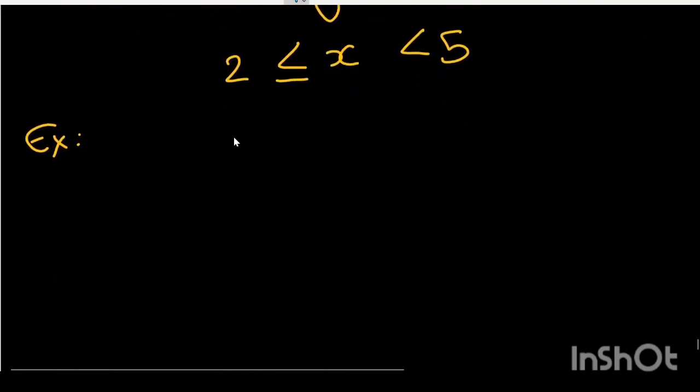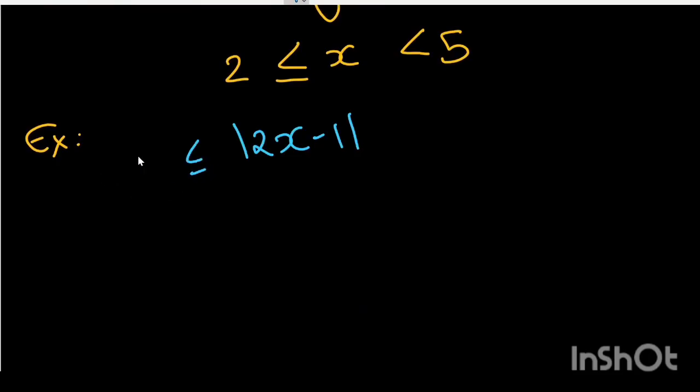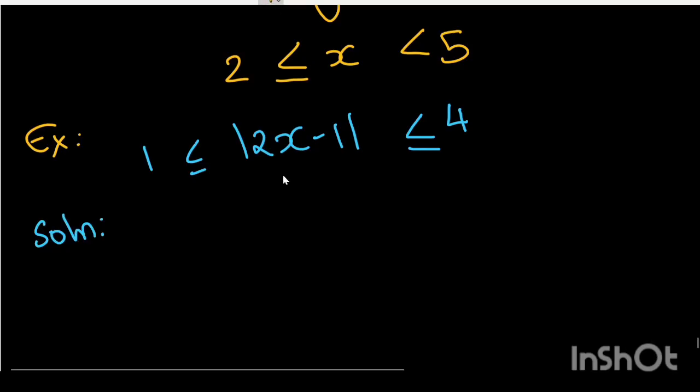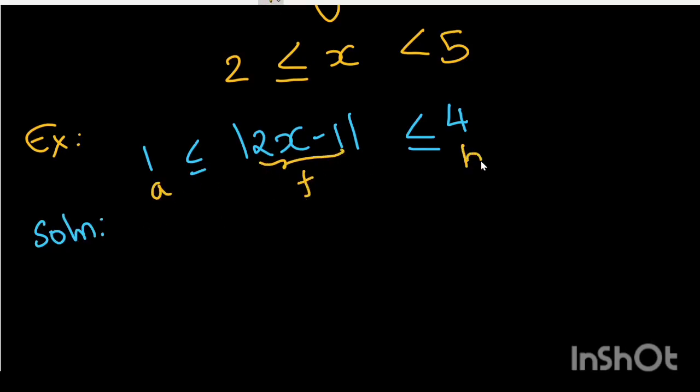For example, if I ask you mod 2x minus 1 between 1 to 4, solve this. So directly we can use this result as our solution using the formula here. This is f(x), this is a, this is b.